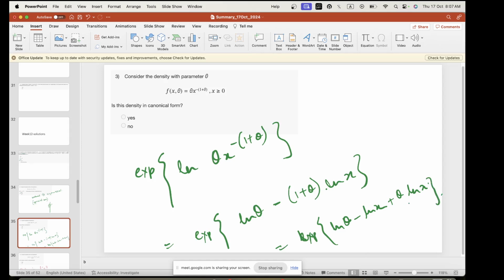So is this in its canonical form? Ma'am, no, because x is in the function of ln x, but we want theta x.